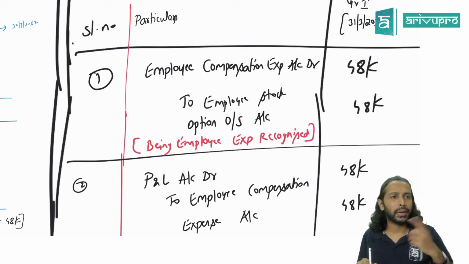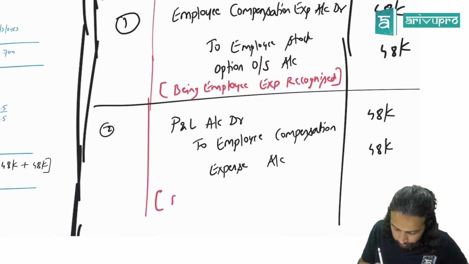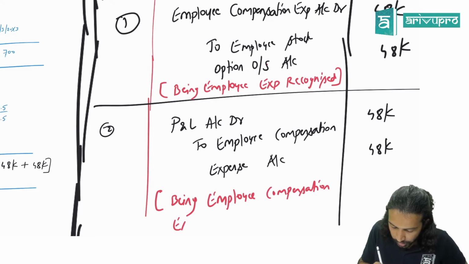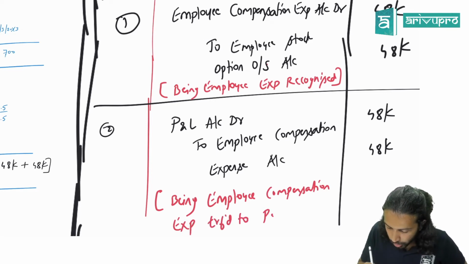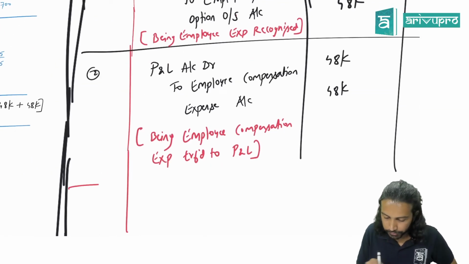What is the narration for this? Being employee compensation expense transferred to P&L. Basic narration. No hyphen.